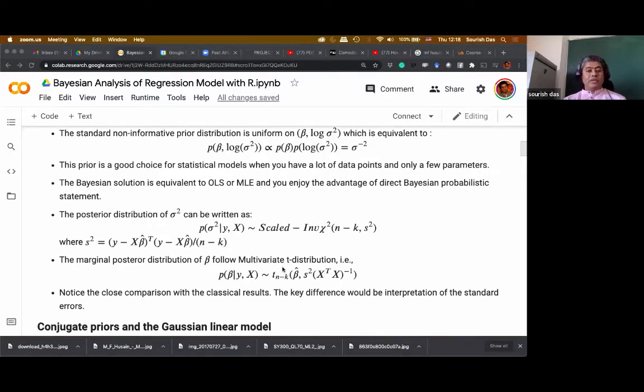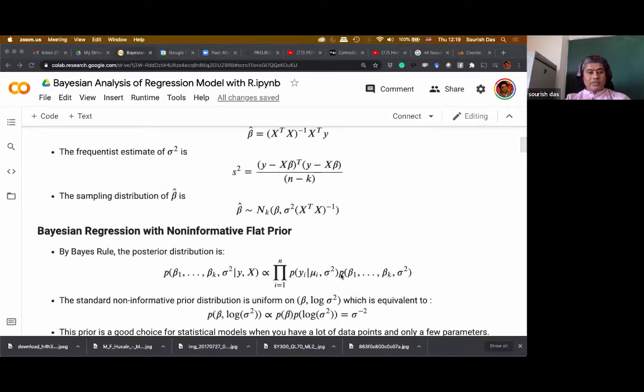That turns out to be a T distribution with degrees of freedom n minus k, with location parameter beta hat and covariance sigma square x transpose x inverse. So this is exactly like the sampling distribution of beta hat.